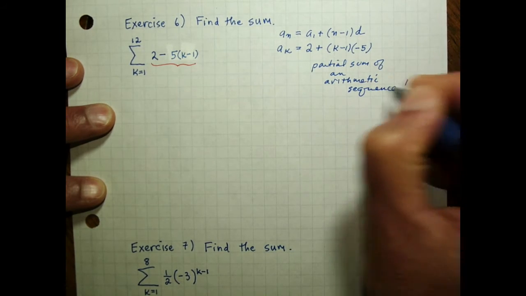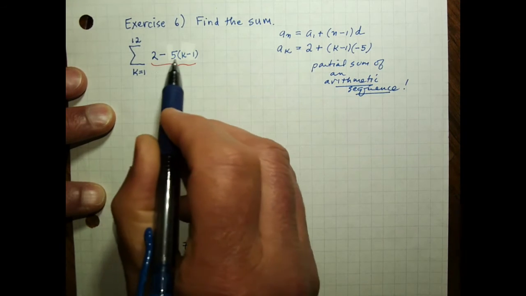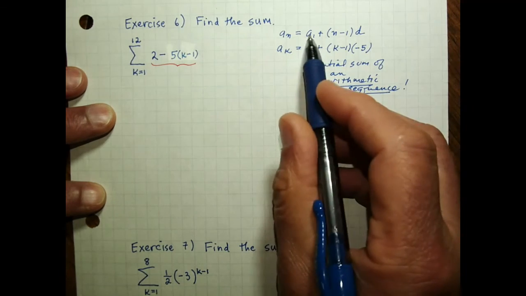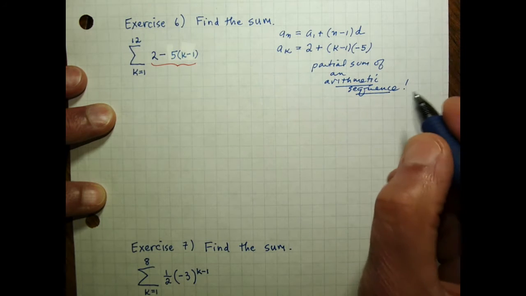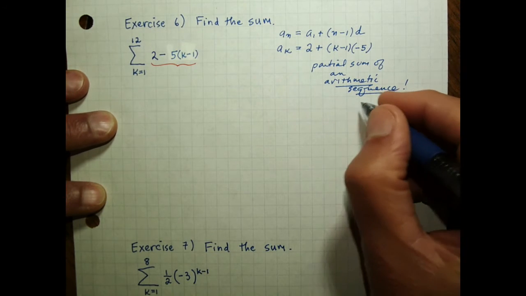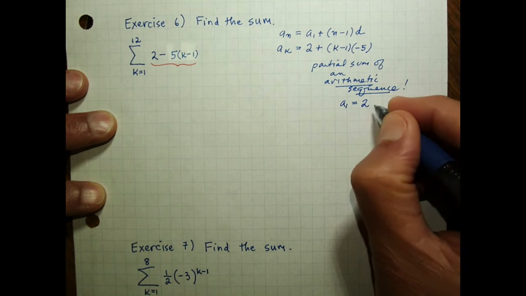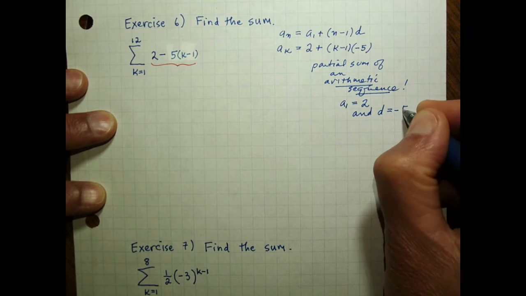So that's not always the case, but here it is, because I can see that my expression that I'm summing fits the form of an arithmetic sequence with a1 equal to 2, and my common difference d is negative 5.